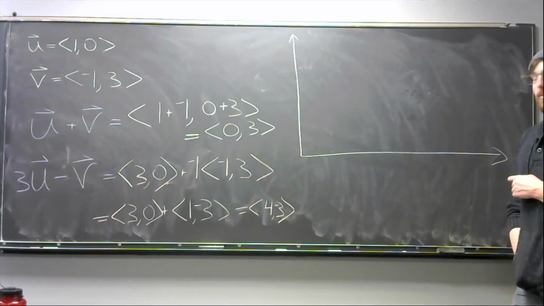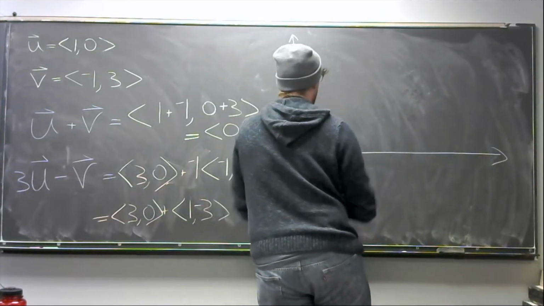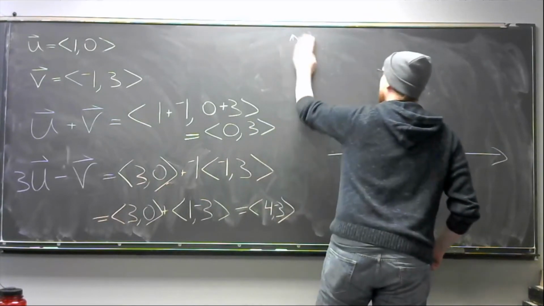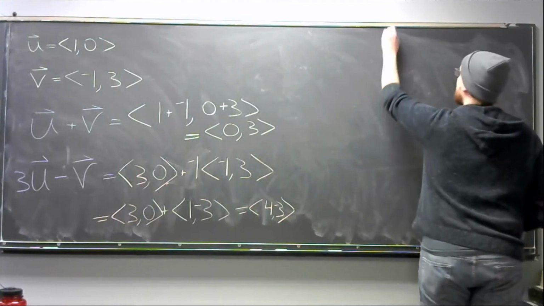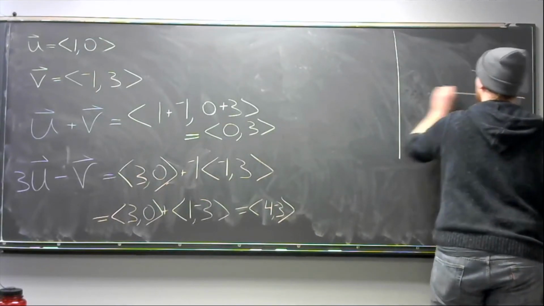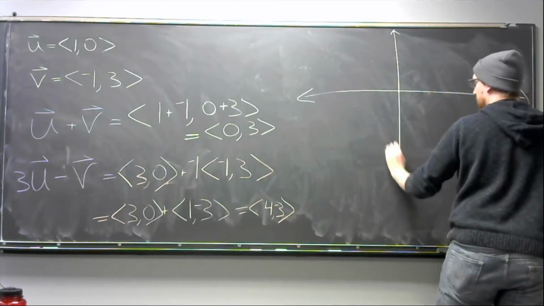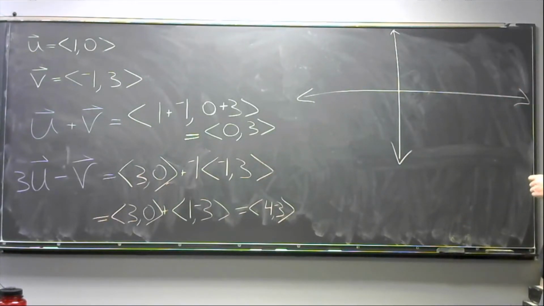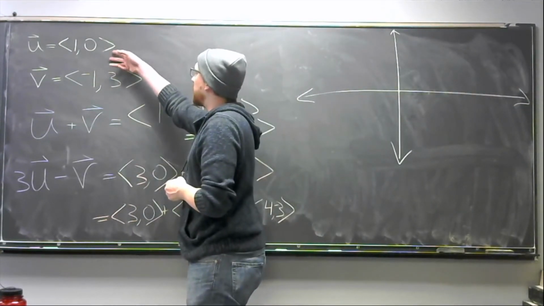Okay, so I'm going to have to redraw this coordinate system really quick. The first thing I want us to do from this point is to graph the vectors u and v.